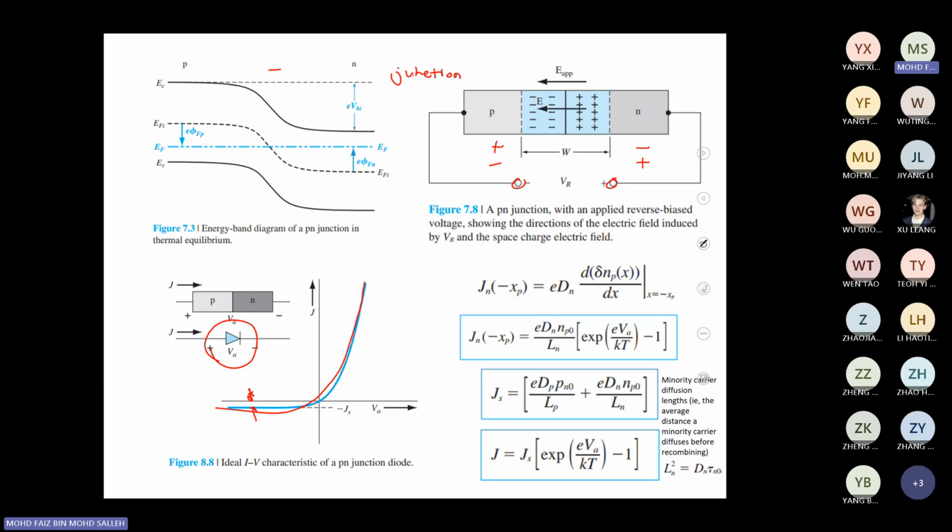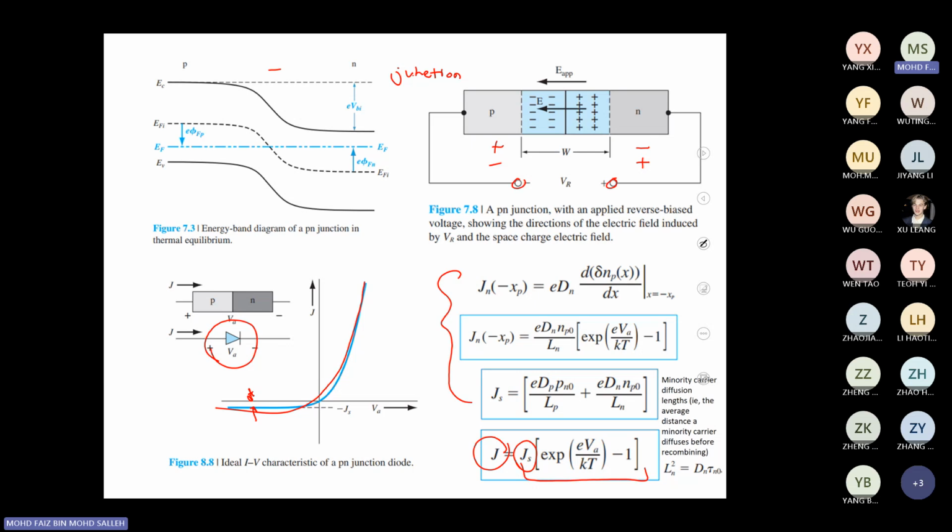I will not discuss how to derive the diffusion current based on this PN junction. That one you can recall by yourself from what we have learned. But we will have that current in terms of an exponential equation, with Js the saturation current, which is the reverse current.